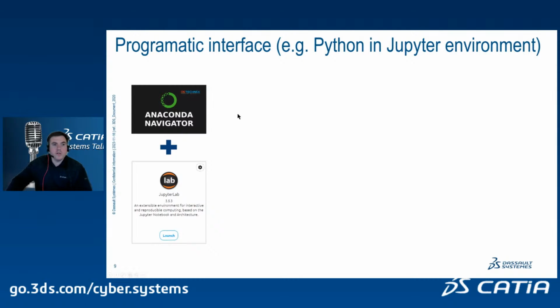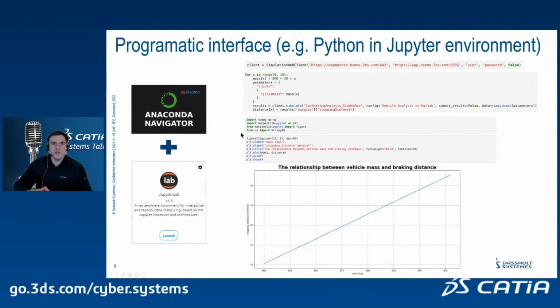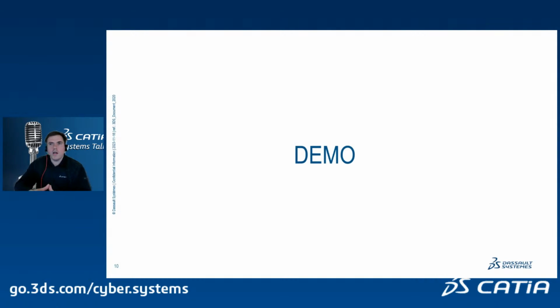I'm going to use Anaconda Navigator plus JupyterLab, and by using these tools, I will be able to run server-side simulation just by using Python scripts. So this will be later. And now this is where I will finish my presentation part.